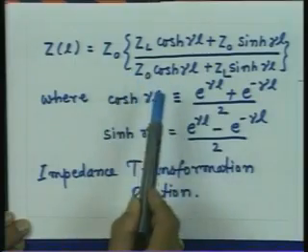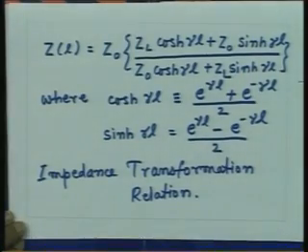In fact, this relation is between any two points on a transmission line for impedance transformation. If I know the impedance at any point on a transmission line, I can find the impedance at any other point using these transformation relations.